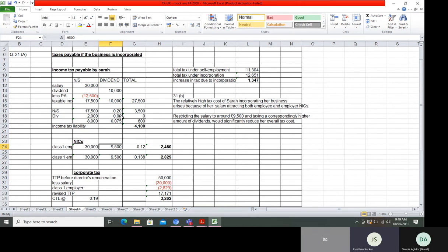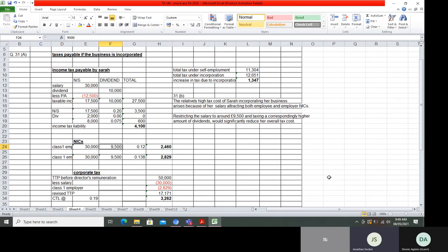You know, dividend will not attract any NIC. And again, dividend has a lower income tax rate than what? Than salary. Salary is being taxed at, I think, 20% and 40% and 45%. Dividend, even some part may go for 0%. We have 7.5 instead of 20%, 32.5 instead of 40%, and I think 38% instead of 45%.